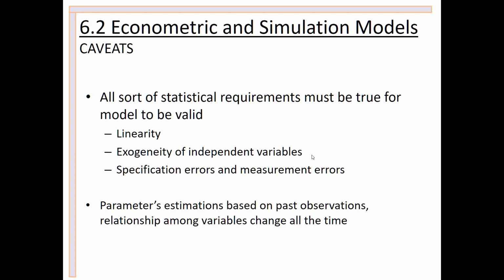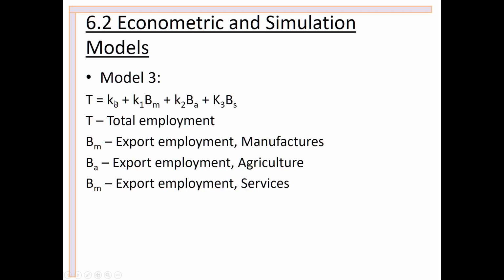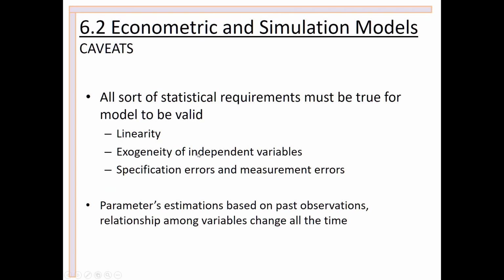Also, we make a lot of assumptions about the error term. It is never the case that this is exactly true. There's always going to be part of the total employment that is not explained by these variables. That's called the error. We assume that the error behaves in a certain way. That is usually not true.